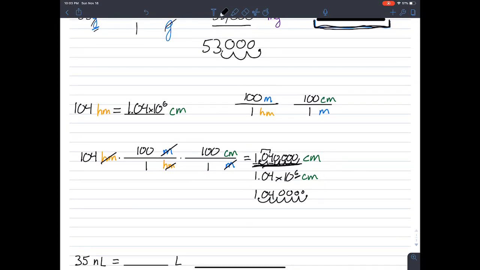You know that 1 hectometer is 10 to the 2nd meters. 10 to the 2nd meters is 1 hectometer. So again, if you have 104, you're going to be moving a decimal 1, 2 places. And then a centimeter is 10 to the 2nd meters. So again, 1, 2. And then you get this number right here, 1,040,000.